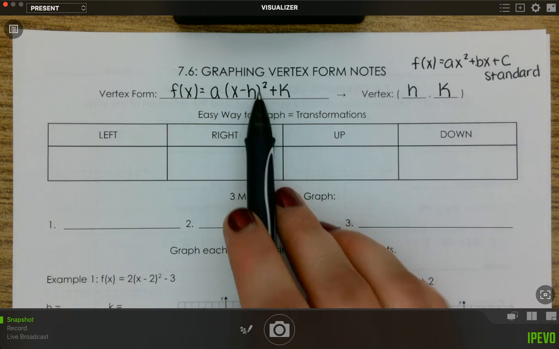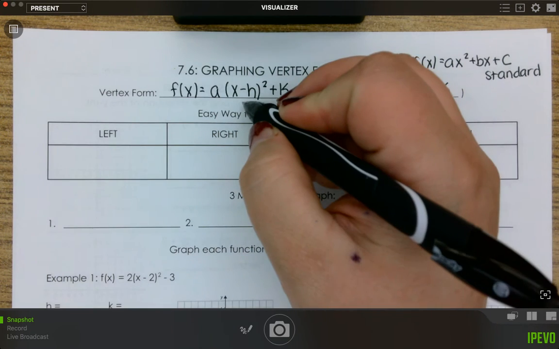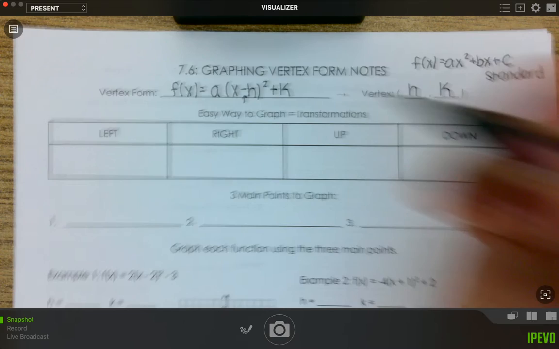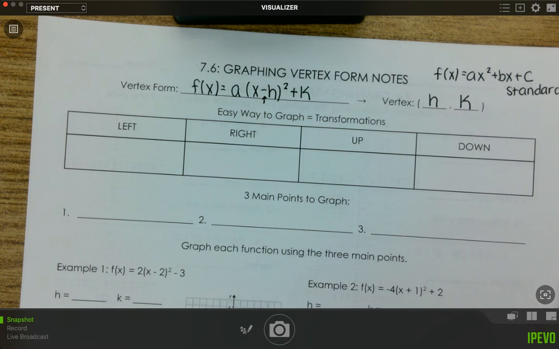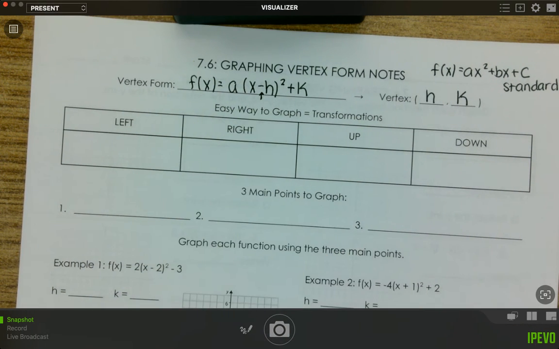One thing that I want you to note really quick before we go any further is that this minus sign means that h is always going to be the opposite of what it looks like in the parentheses.